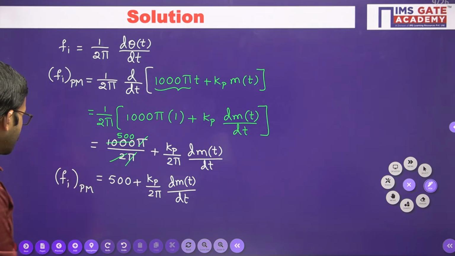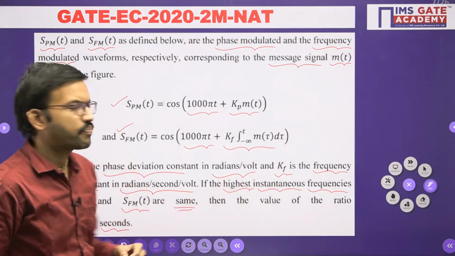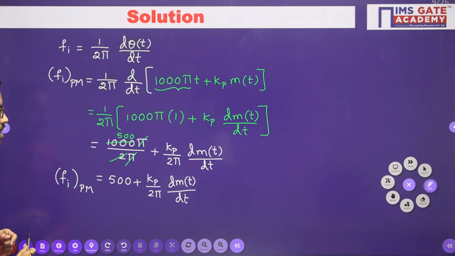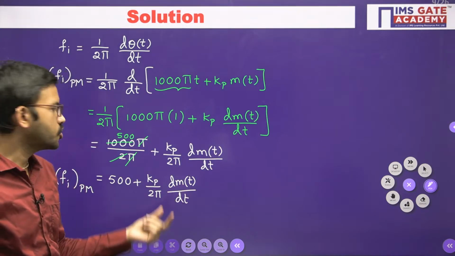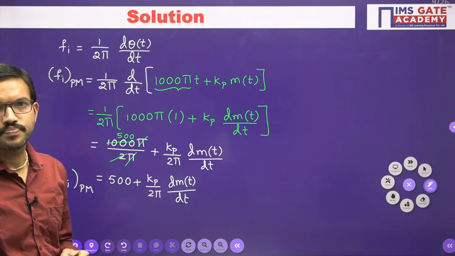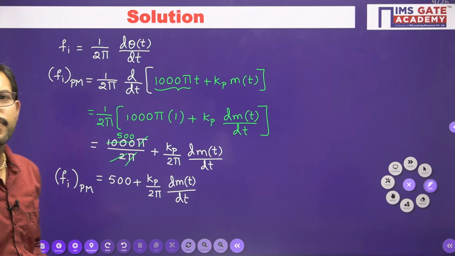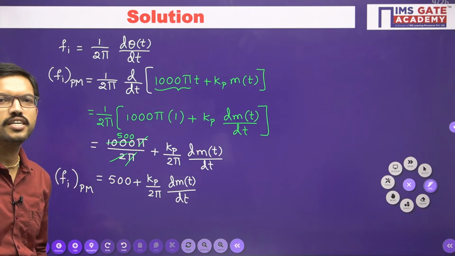But in the question they are asking for the highest instantaneous frequency. In order to get it, what should the dm of t by dt term be, maximum or minimum, so that you will get the maximum instantaneous frequency in the phase modulated signal? What is the answer, Manoj? Even other students can answer in the chat.